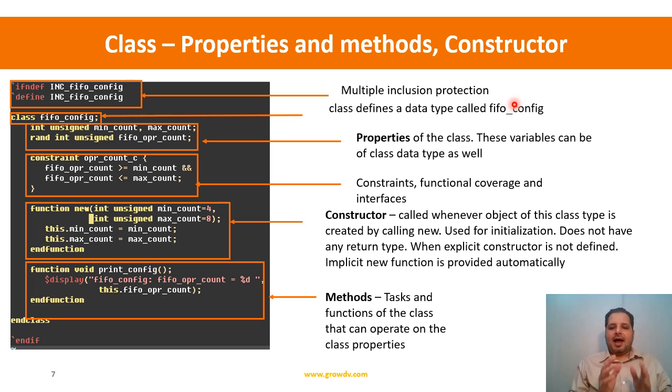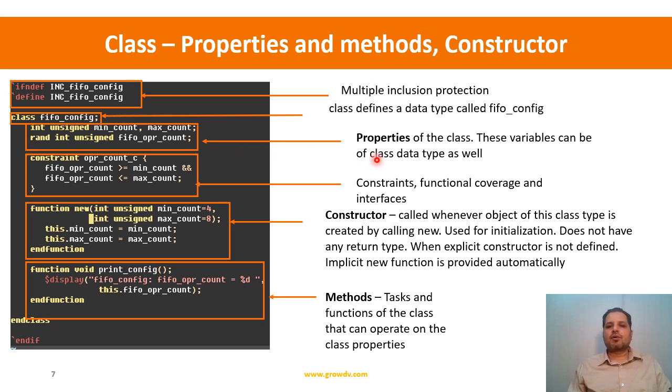I'm talking about LHS and RHS with respect to the space between the name of the data type and the name of the variable, right? With respect to that space, the left hand side is the data type name, and the right hand side of that space is the actual variable name. The same concept is utilized even for the class. We will see when we declare the handle. So here we are creating a new data type called class.